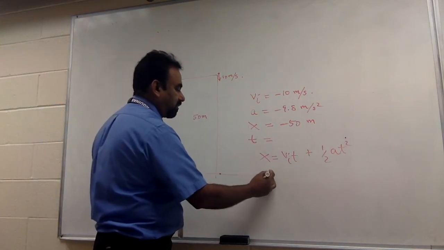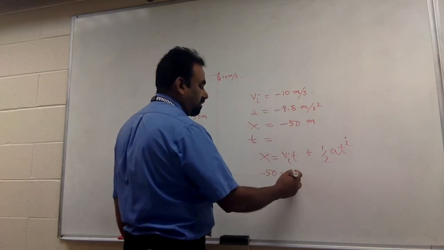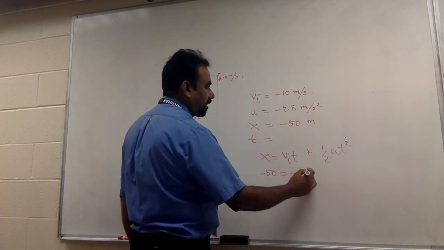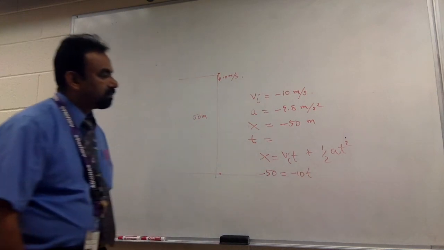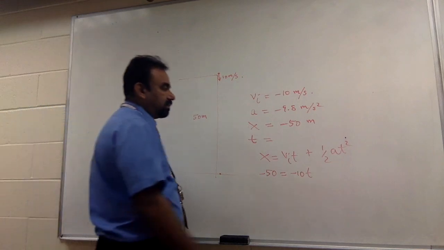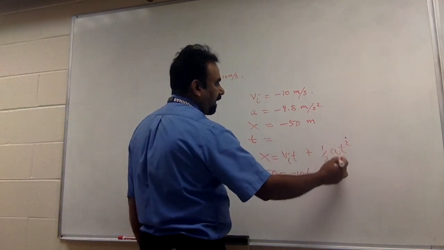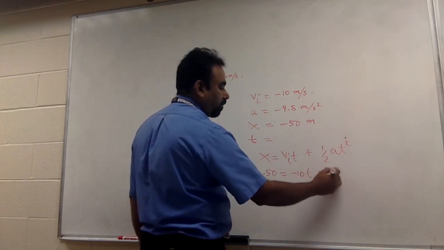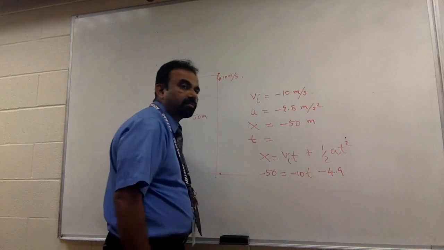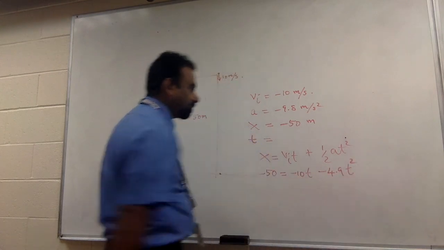X is negative 50 equals VI, which is negative 10, so negative 10 t, times t, and then plus half of acceleration, which is always going to be negative, so negative 4.9, T squared.